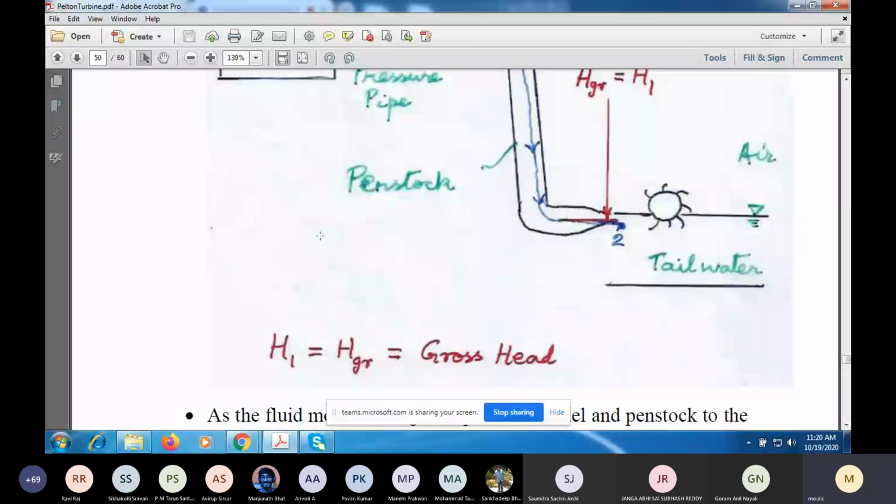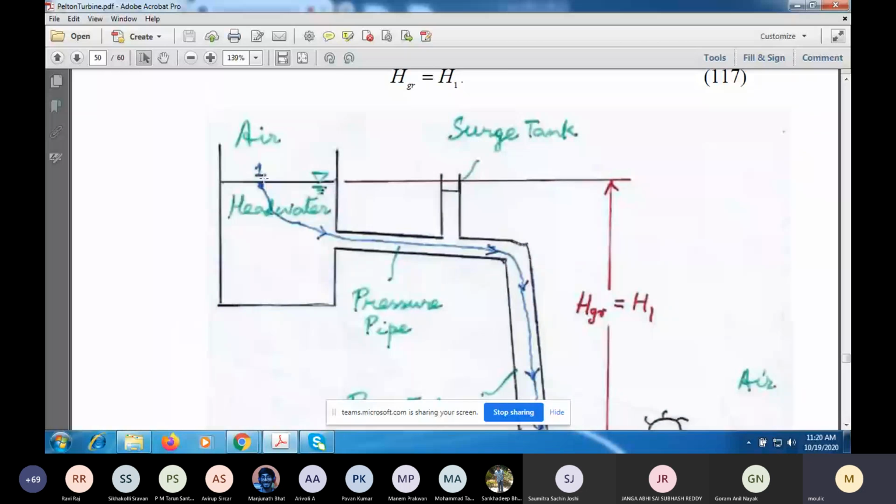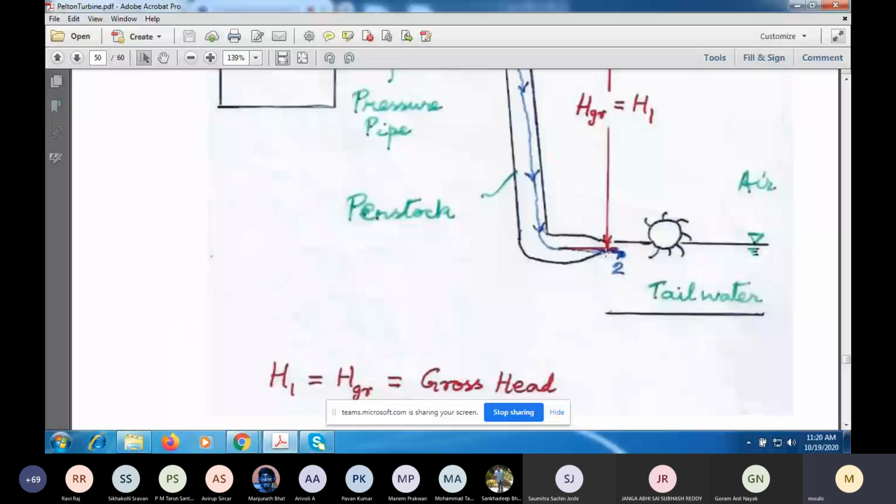Now, as the fluid moves through the pressure tunnel or pressure pipe and the penstock to the base of the nozzle, that is the exit of the pipe connecting to the penstock, there will be a frictional head loss due to viscous effects, which I am calling H subscript loss. So by H subscript loss, I denote the head loss between section 1 here and not section 2, but the inlet to the nozzle.